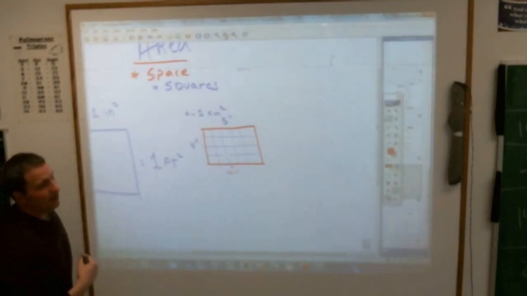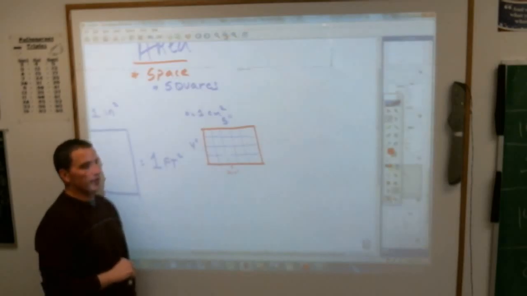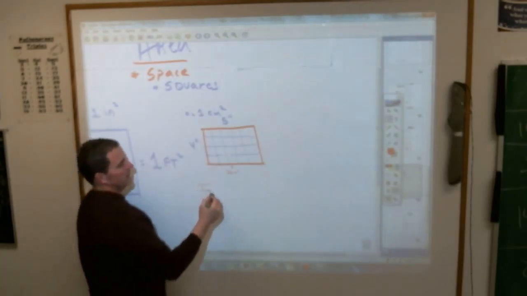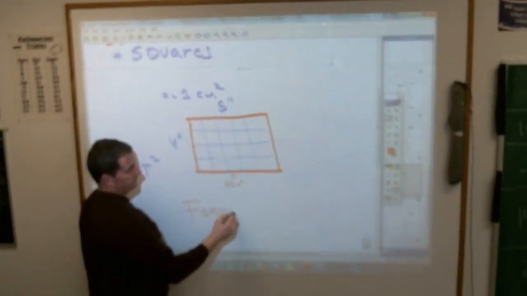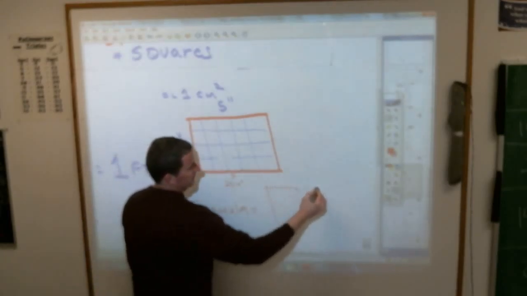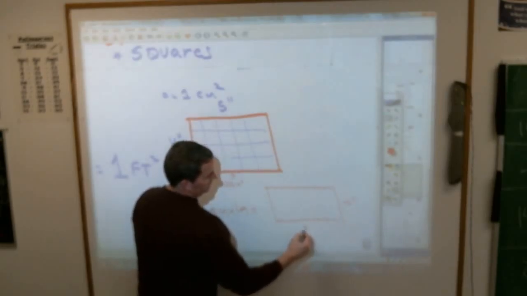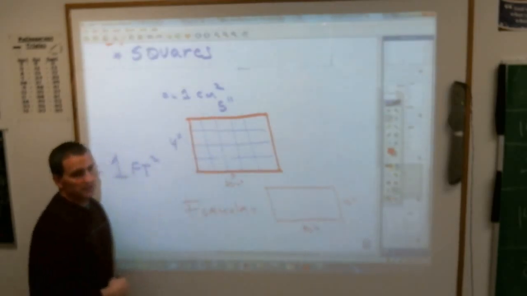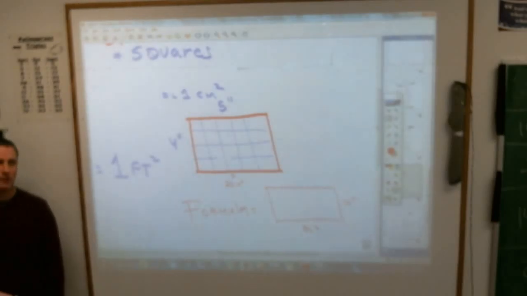Now, rather than drawing squares and counting all the time, we have what we call a formula. If you're given a rectangle, and let's say this rectangle is 10 inches by 30 inches, rather than drawing 10 inches one way and 30 inches the other way, we have a formula.